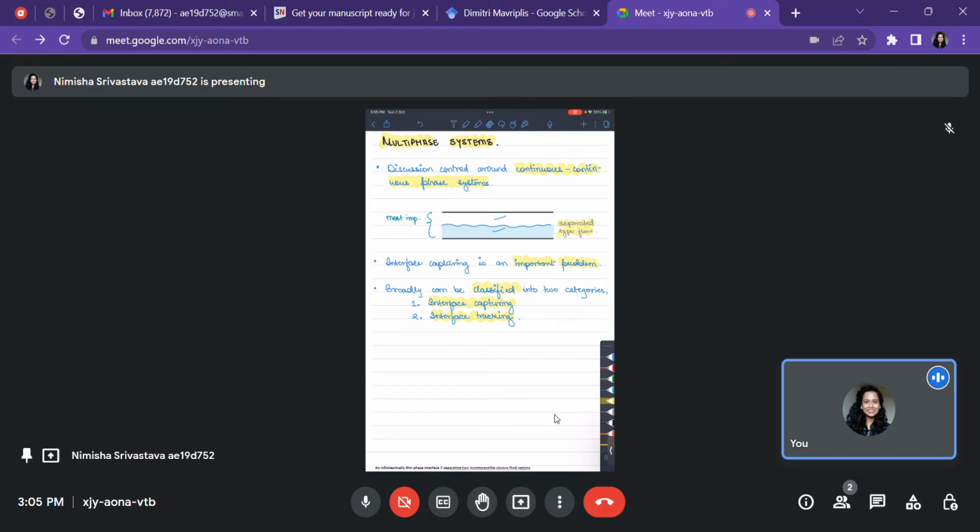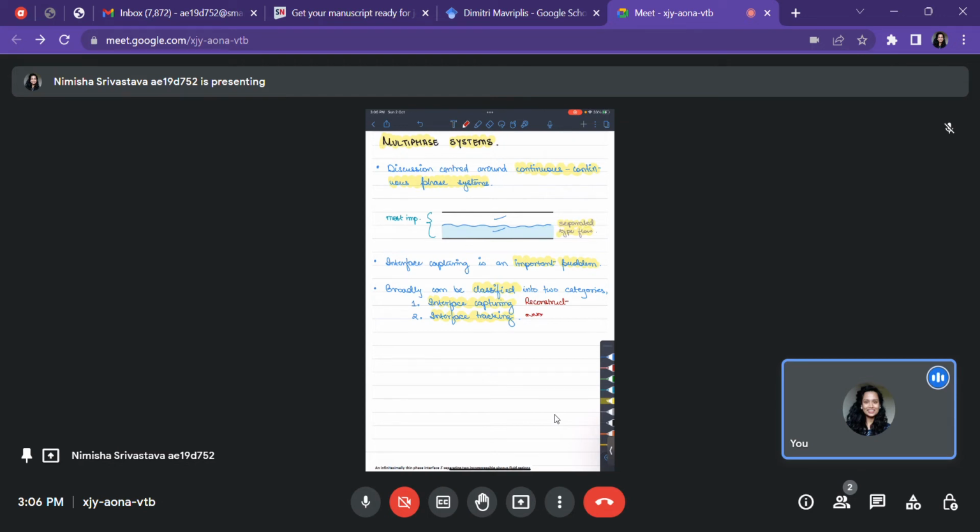So the important word over here is reconstruct. Meanwhile, for the interface tracking method, we begin with a particular interface and then we stick with it and see how it evolves over time.